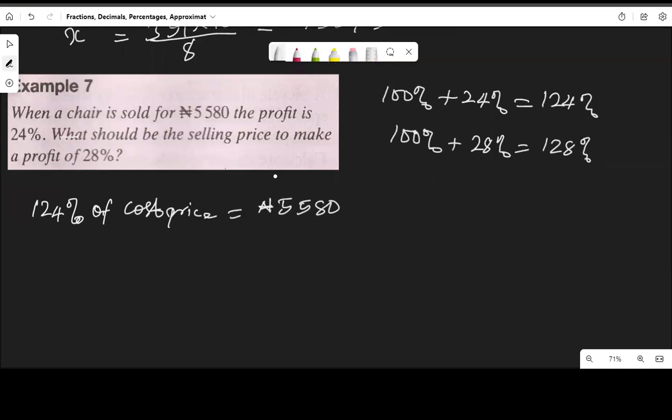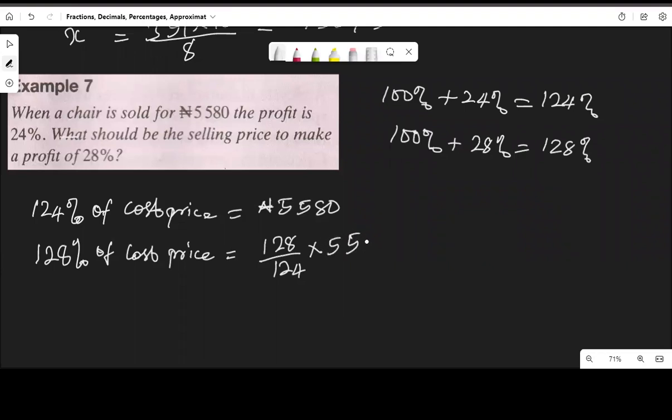So add the profit to the cost price to arrive at the selling price. So 128% of cost price is equal to 128 divided by 124 multiplied by this price here, 5,580.